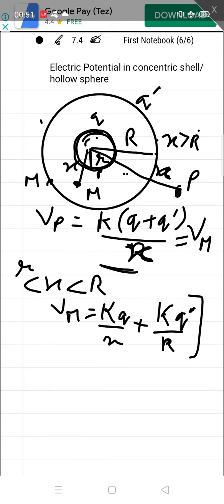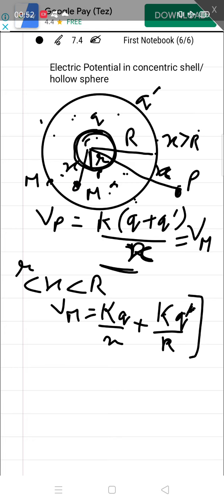In a hollow sphere, the potential at any point inside is the same as that on the outer surface, or we can say that all the points inside the hollow sphere can be considered equipotential. That means at every point the potential will be the same as the potential on the surface. That's why we took kq dash upon R, which is the potential on the surface. So this will be your expression when the point M is here.